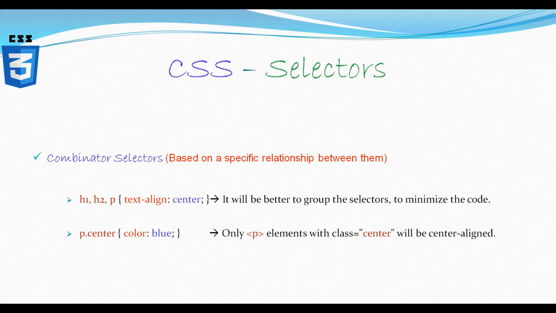So for example, you have 10 paragraphs, and 5 out of those have the class of center. So you only want those 5 paragraphs to be applied to the declaration. So the way to do that would be you put the name of the element, p in this case, then a dot, center would be the class, and then declare your declaration. So that's the whole point of this type of declaration.